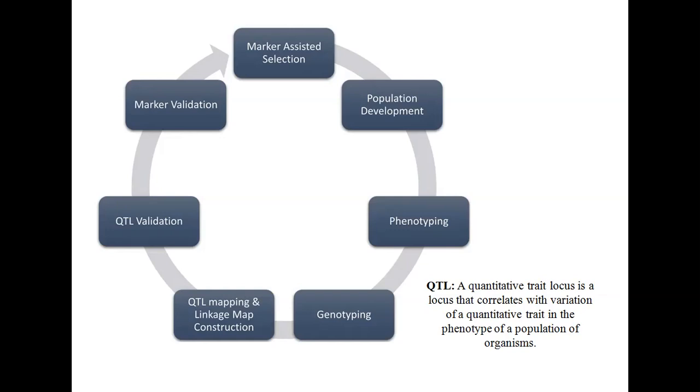So the thing is that we are using markers. You are already aware of that. The DNA marker is like a bait. Okay, bait. When you want to catch fish from a pond, you use a bait on the fishing rod so that the fishes are attracted, and you catch the fish.